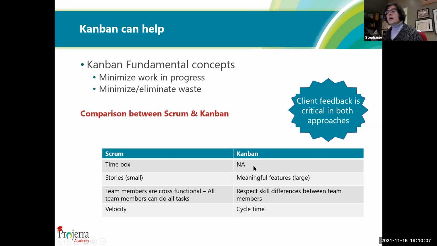In Kanban, the concept of a time box does not exist. In Scrum, you're working on those small stories or those small features that can be theoretically completed within the scope of the sprint. In Kanban, you're focusing more on meaningful features and meaningful work. So they could be a little bit larger.